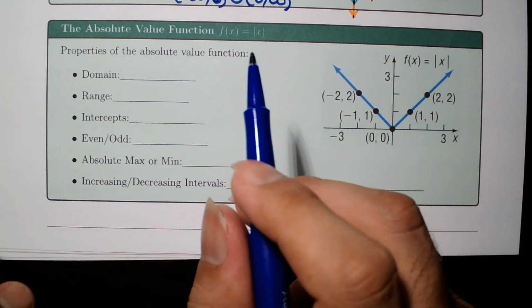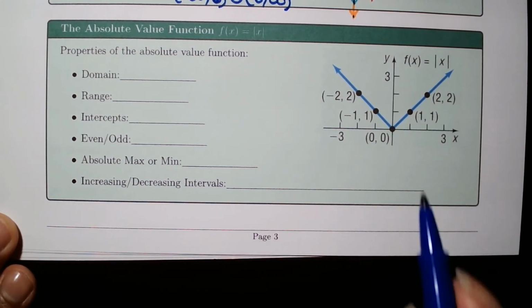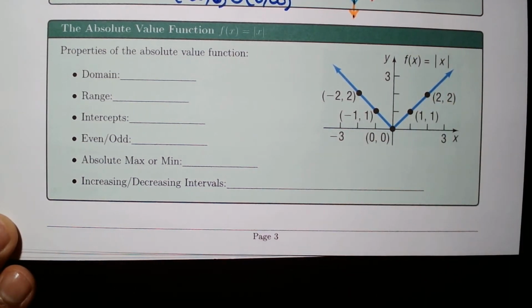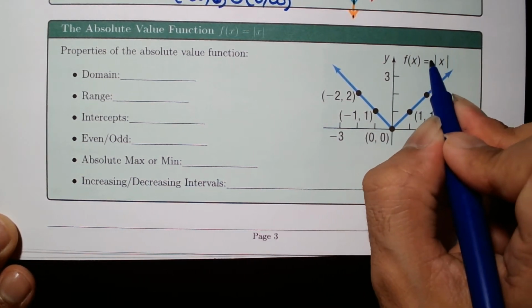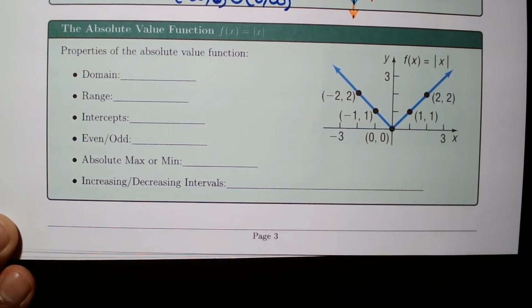So we are going to finish this topic by looking at the absolute value function, which is very recognizable by these absolute value bars surrounding the letter x, the variable x.